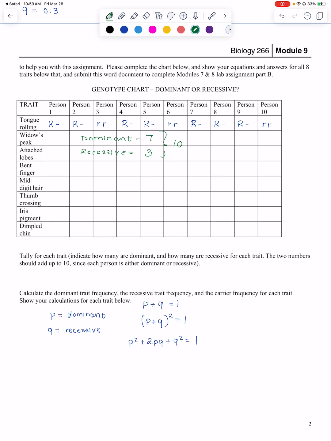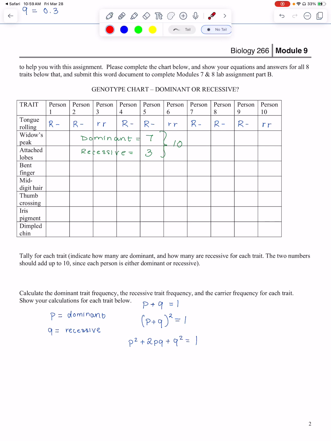Now, what we need to do is figure out the percent of individuals that have the recessive trait, the dominant trait, and we can actually utilize the Hardy-Weinberg equation to figure out which of these people are actually heterozygous dominant versus homozygous dominant.